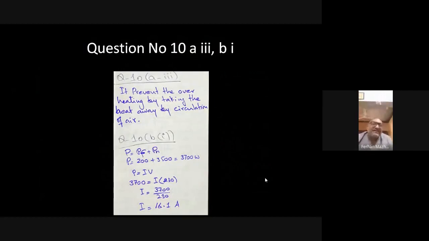We know that power equals IV. The total power is 3700 watt, the V value is 230 volt, and I want to calculate I. Making I the subject, 3700 divided by 230, the final answer is 16.1 ampere.